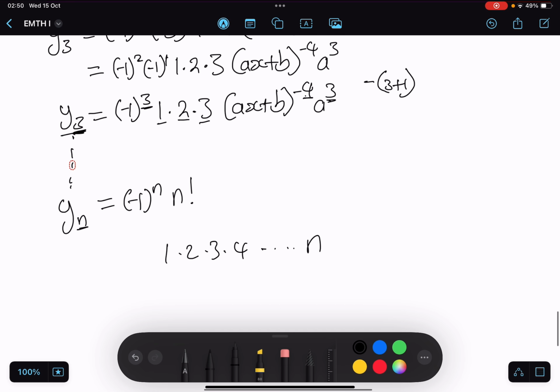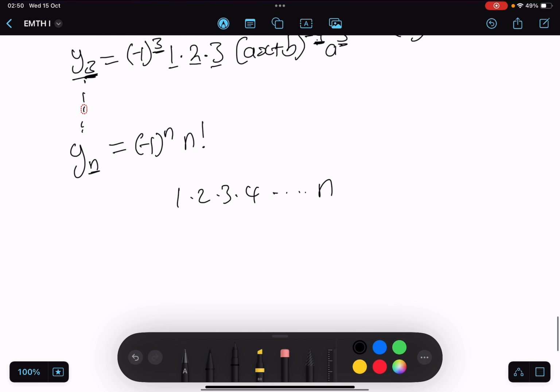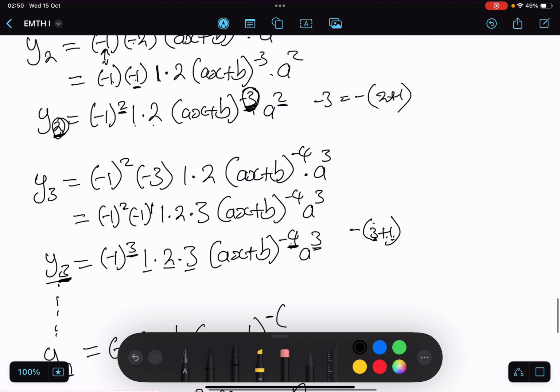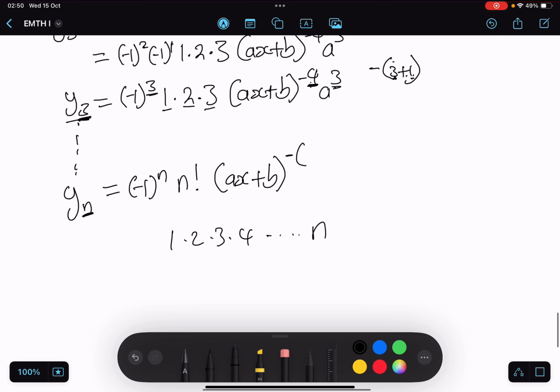So here we have -4, which is 3 plus 1, which means if we come back here, ax plus b is going to be -3 plus 1. This 3 was the third derivative. Here is 2 plus 1. This 2 was the second derivative. For the nth derivative is going to be what? It's going to be n plus 1.